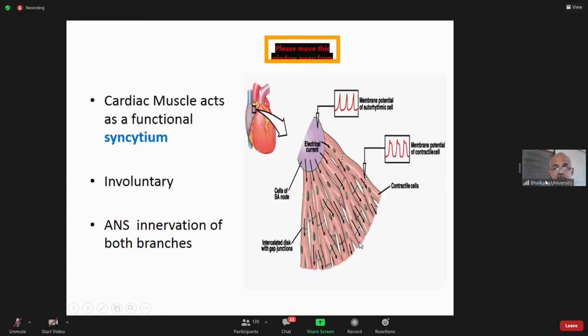The impulses are generated spontaneously by the SA node. There are two innervations, sympathetic and parasympathetic.